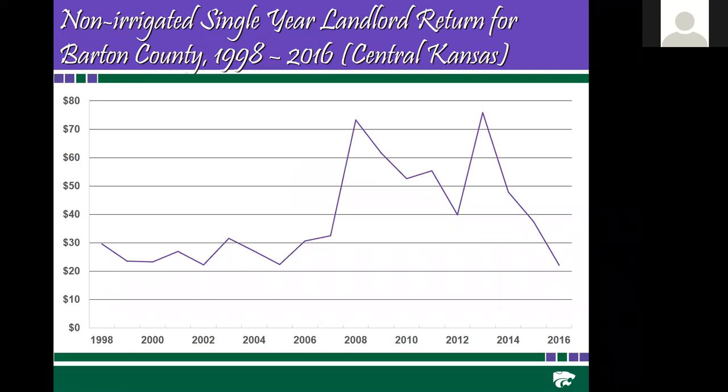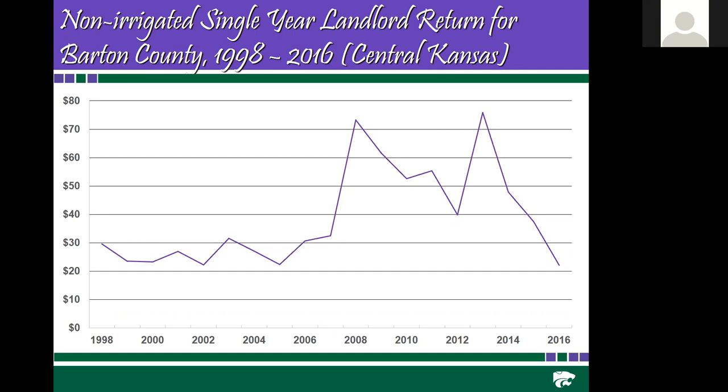This here gives the individual years from 1998 all the way through 2016. This would be the individual landlord net income for each individual year for Barton County. You can see from 1998 all the way through 2006, those landlord net incomes were hovering between about $22 and $30 per acre. 2006 to 2007, they went from 30 to 32.